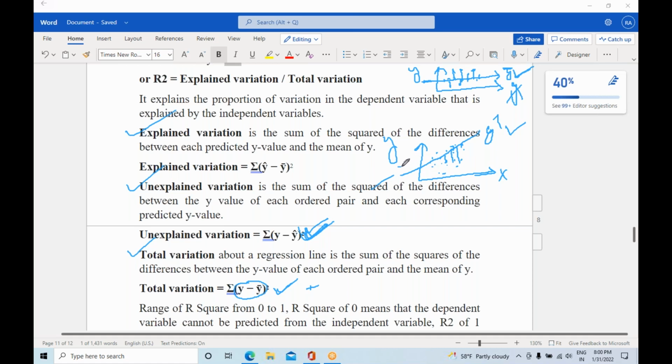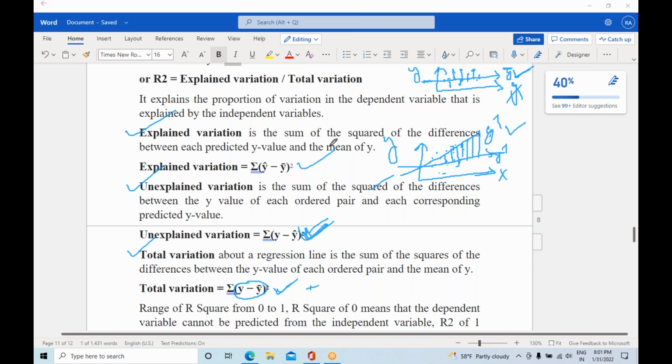Explained variation, in the sense, for this one, consider this is my mean value. So we have to find the distance between this mean and the y predicted value, the distance between your y predicted line and y mean. We take the difference between those two, do the square, and then the sum. That is the explained variation.